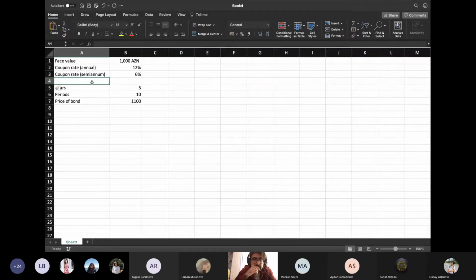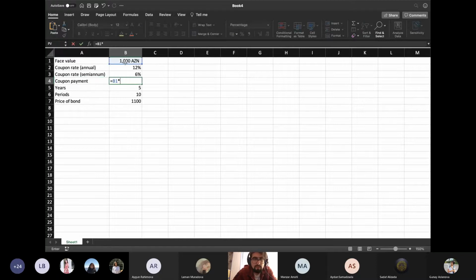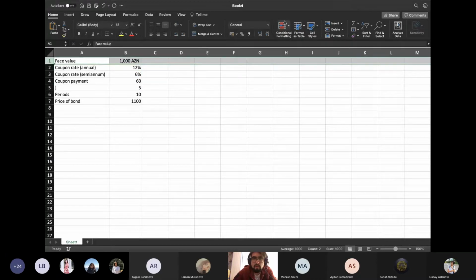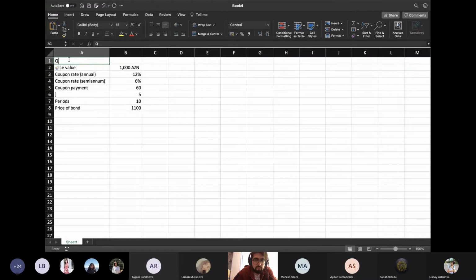If our semi-annual coupon rate is 6%, then we have coupon payment in an amount of 1,000 multiplied by 6%.